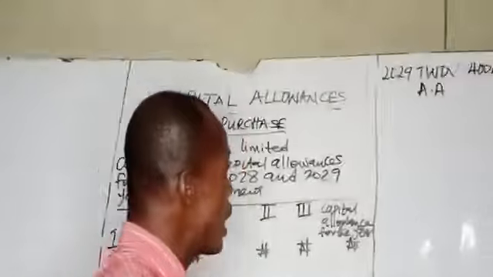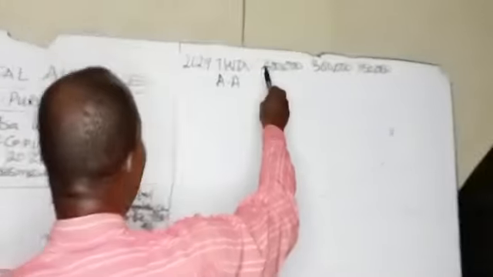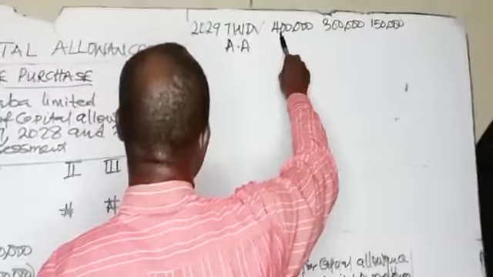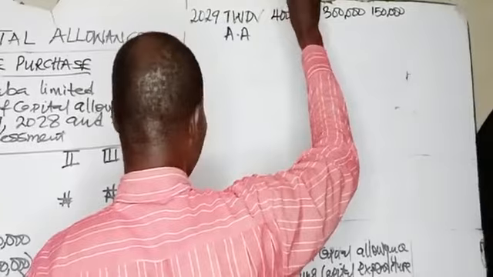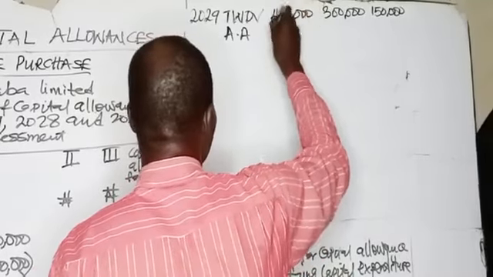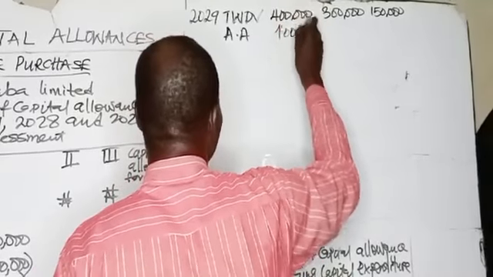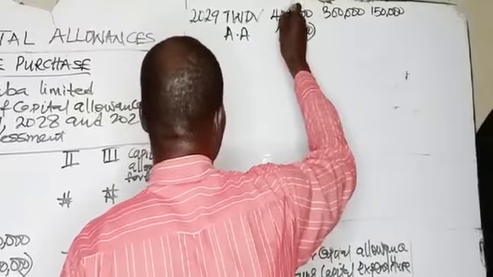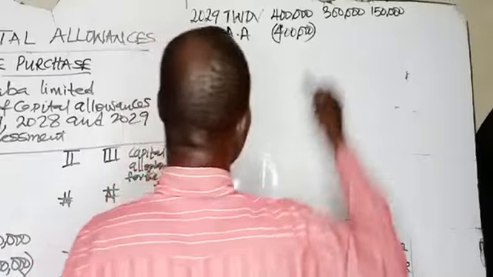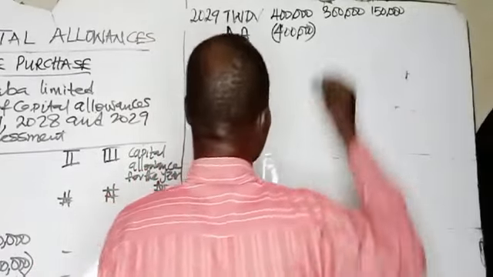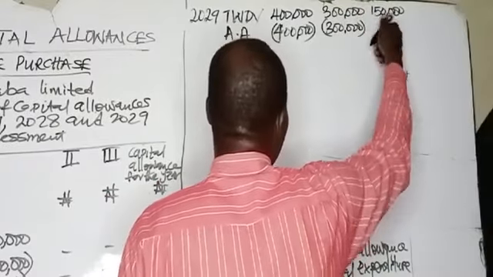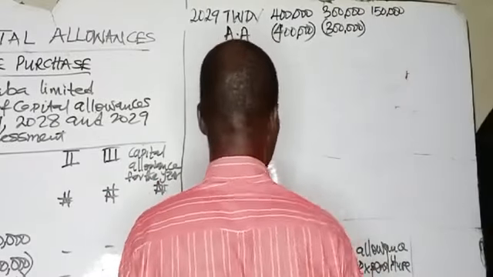So to compute the annual allowance, you have 400,000 divided by, the unexpired life is 1 year. 400,000 divided by 1, so the annual allowance will still be 400,000. This will be 300,000 divided by 1, 300,000. This will be 150,000 divided by 1, which is 150,000.